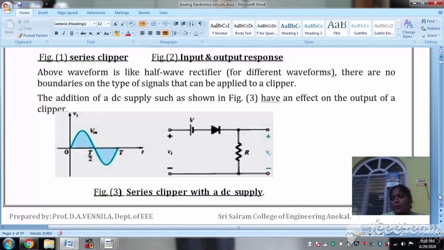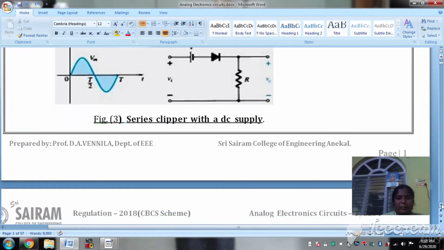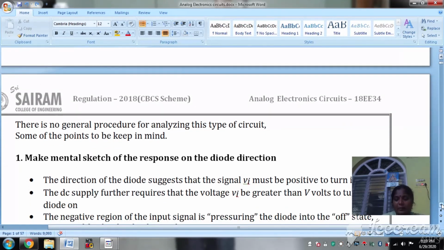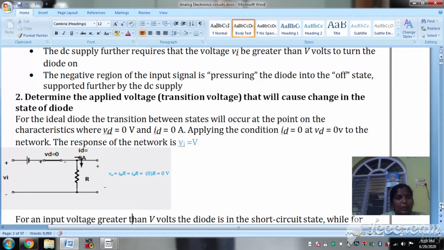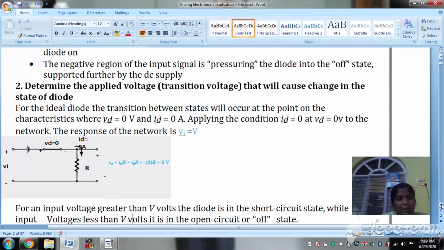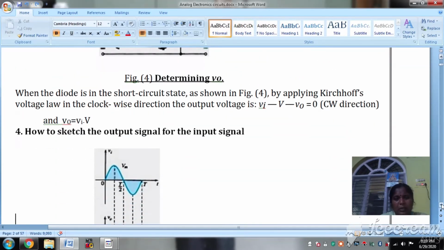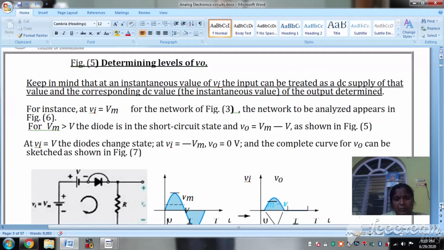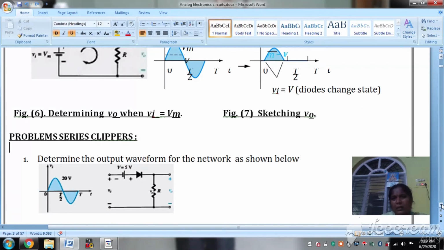I will show the output waveform, whatever points I have discussed.